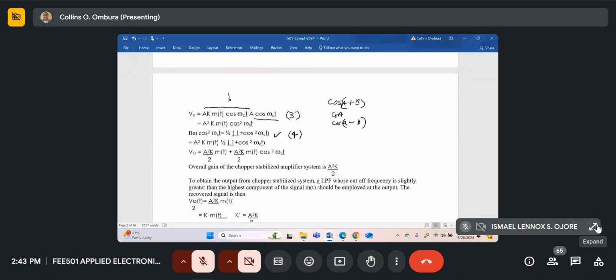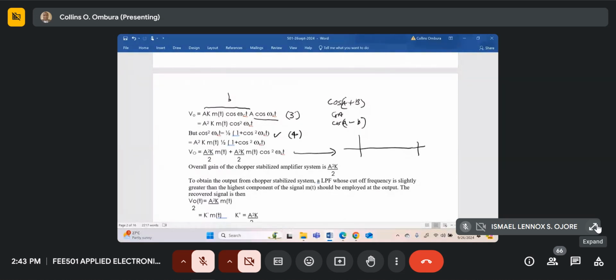So it means that if you had to look at the spectrum of the output, if you had to get the Fourier transform of this one, you're getting a double frequency term at actually twice omega. Excuse sir.